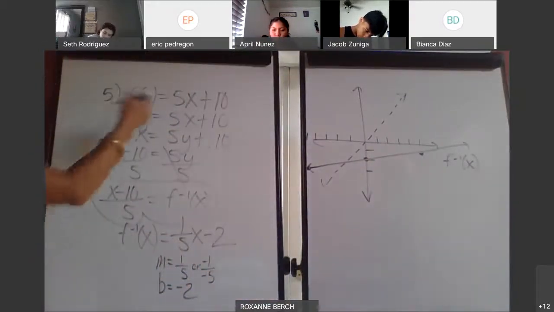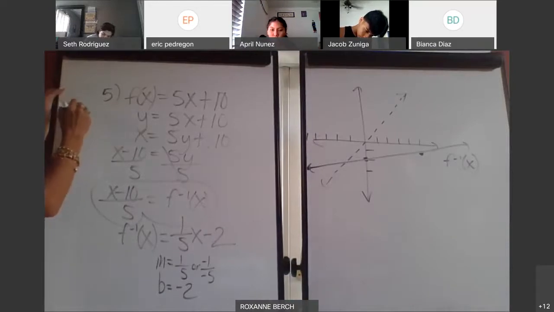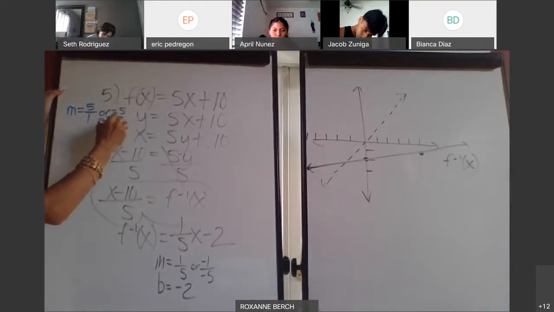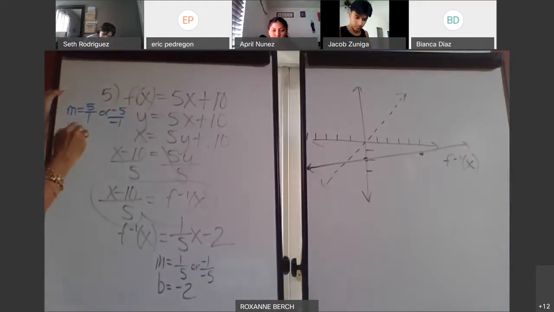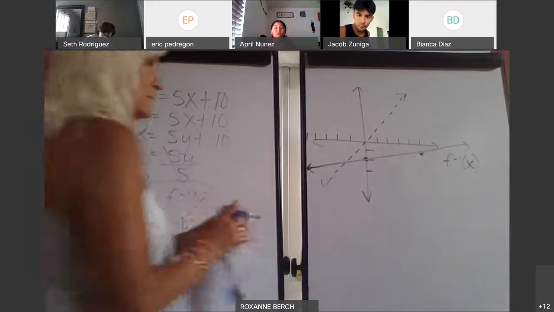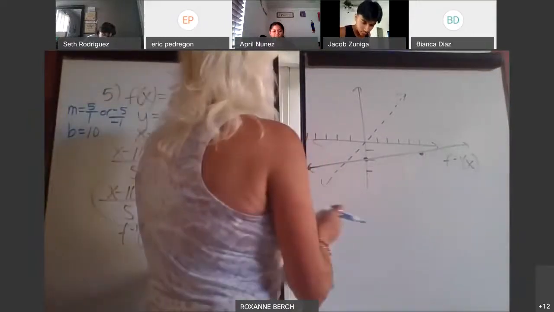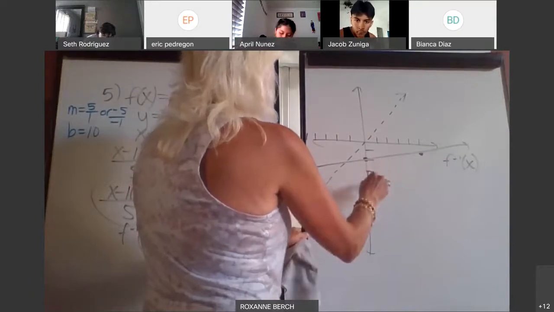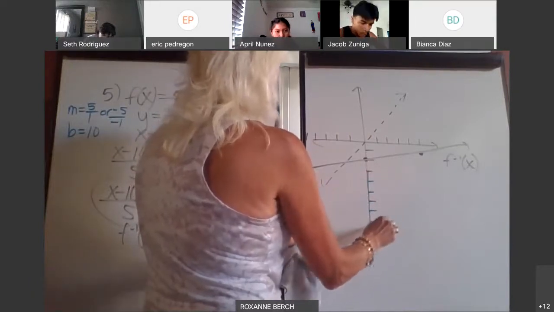Now, if we want to graph this guy, the slope is 5/1. So up 5, right 1, up 5, right 1, or down 5, left 1. And the intercept is 10. So 3, 4, 5, 6, 7, 8, 9, 10.